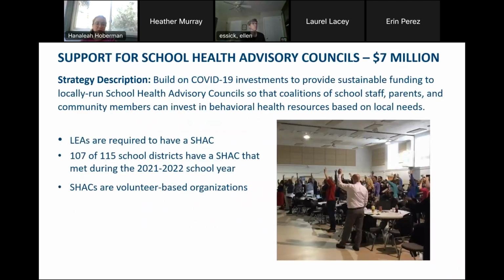Another strategy that we have here that builds upon our lessons learned and our successes from strategies we've done with the COVID-19 funding is to support our school health advisory councils.